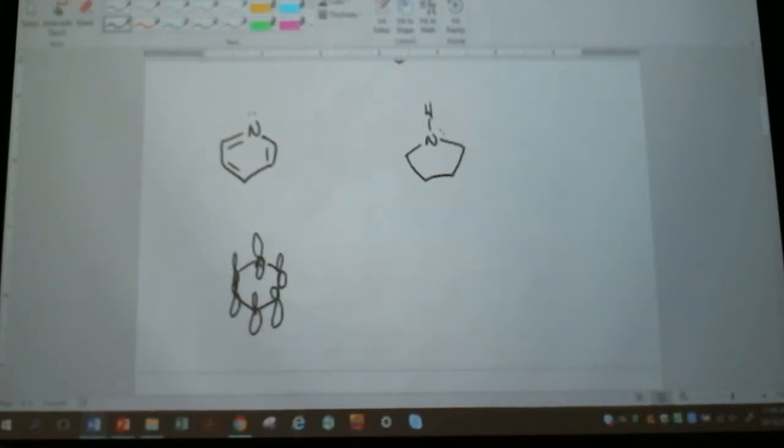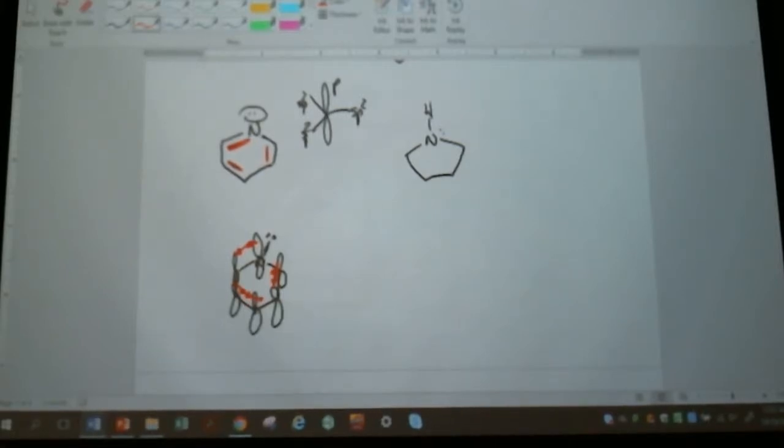But if they're sp2, then they have 3 sp2 orbitals, right? The typical sp2 has 3 sp2 orbitals and a perpendicular p orbital. So what that means is that these 2 electrons right here are in an sp2 orbital. These 2 electrons are forming this pi bond. These 2 electrons are forming this pi bond, and these two electrons are forming this pi bond.